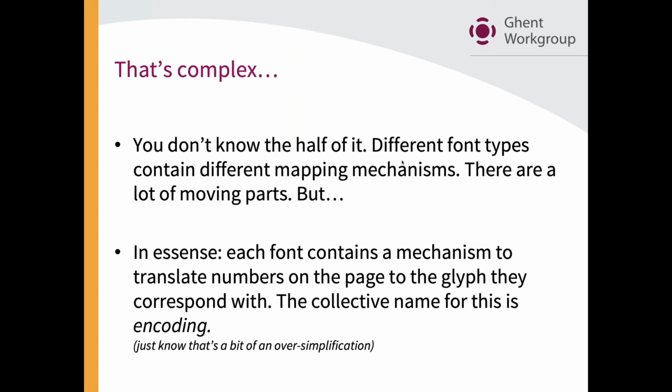There are all kinds of different ways to map things from a character code to a glyph. But in essence, all of those things do the same thing. And when people talk about encoding, well, an encoding is a system to map from a particular number that appears somewhere to a glyph that is going to be shown on the page.